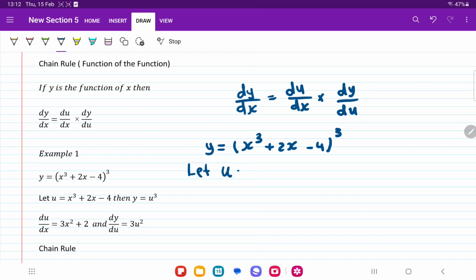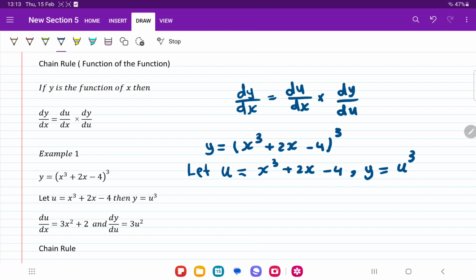So let u equal x cubed plus 2x minus 4. If that's u, then y will be u to the power 3.